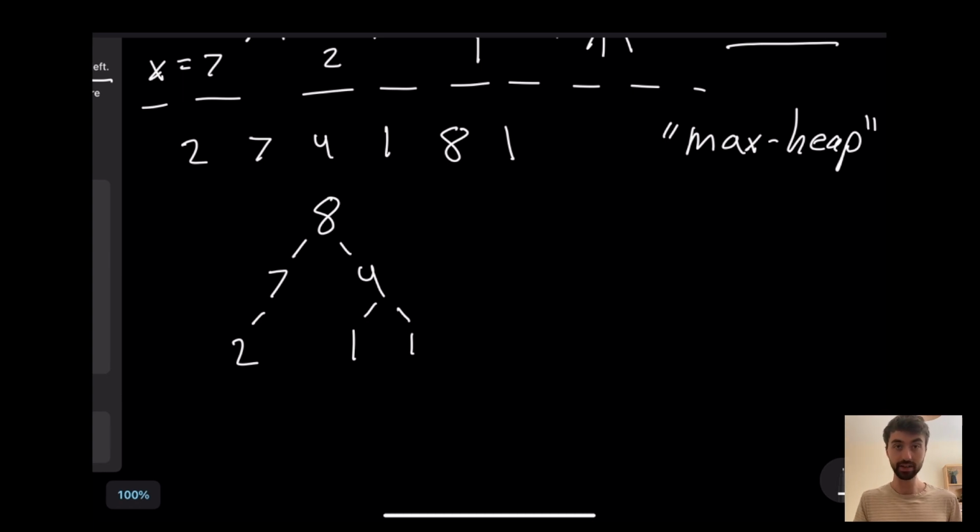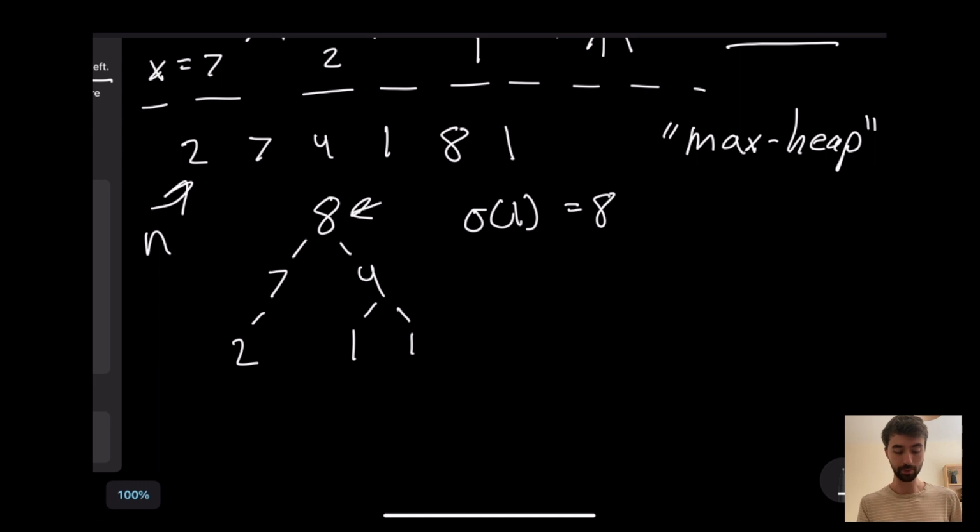Because if we store our data like this, on each turn of the game, instead of iterating through this list to find the 2 largest values, which would be pretty slow, I think that would take about n runtime, we can instead, if our data is sorted this way, we know the largest value is at the top, so it's O(1) to pop off the 8.